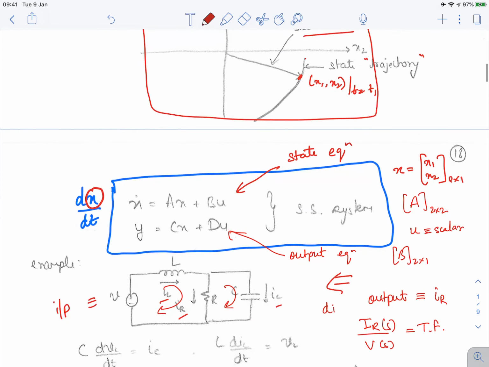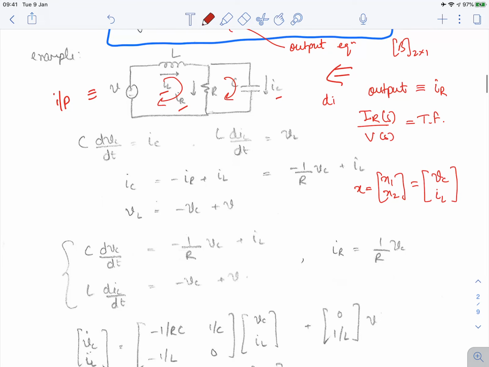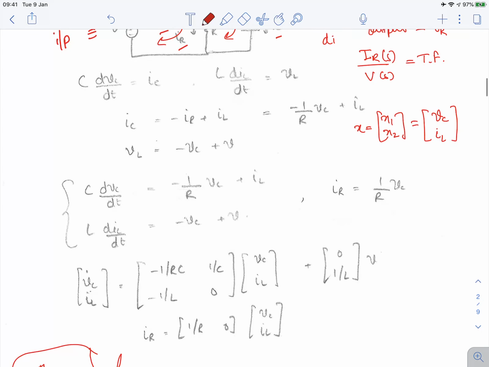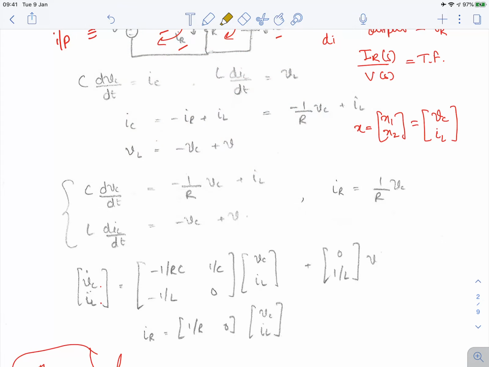Now to finally obtain these equations, I have written all the equations and finally assembled them in such a way that I can get the derivatives onto the left hand side. So here we have Vc dot and IL dot, which are the derivatives of the state variables.